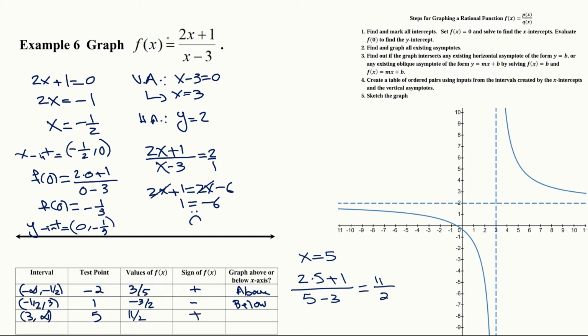And of course that's positive, which means again the graph is going to be above the x-axis. Now, given that we know we have a horizontal asymptote at y equals 2, not only is the graph going to be above the x-axis, we know that it's going to be above the line y equals 2.